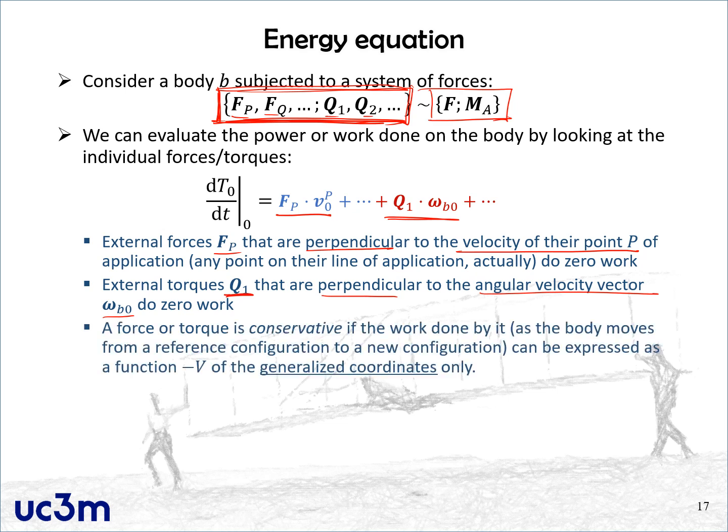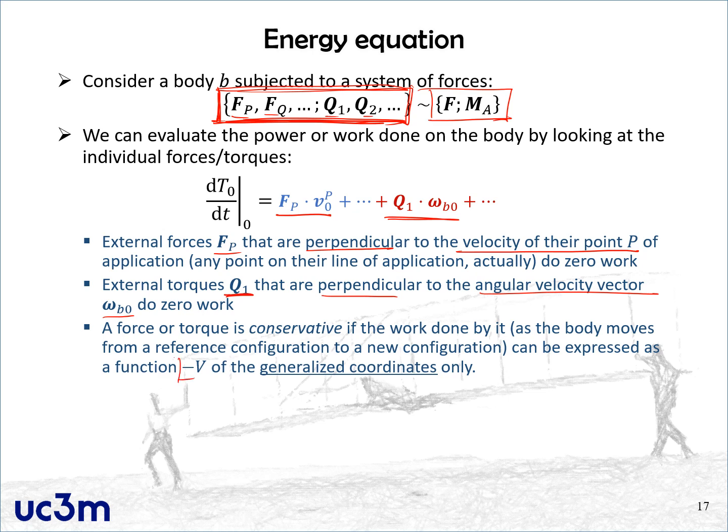On another side of this discussion, we can see that a force or a torque is conservative. We say that they are conservative if the work done by it from some reference configuration of the rigid body to the actual configuration of the rigid body can be expressed as a function of the generalized coordinates only.